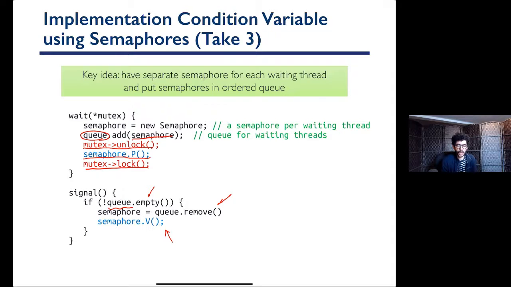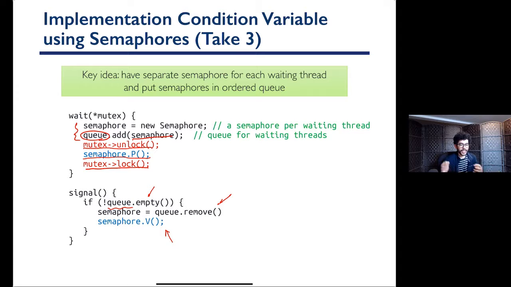What about atomically putting someone to sleep and then unlocking the queue? This implementation actually has that as well. The reason is that if a thread calls wait, we add it to the queue while we are holding the lock.